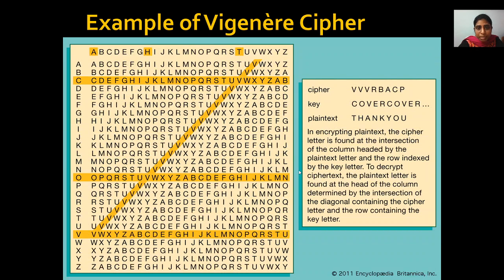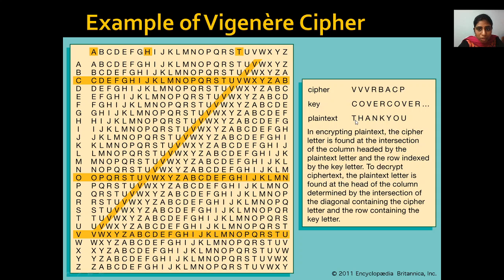This particular table represents the Vigenere cipher. When you take the plaintext as thank you, we take the key as cover. Now how do we write the ciphertext? T should be replaced using C. The key becomes your column letters and the plaintext becomes your row letters.